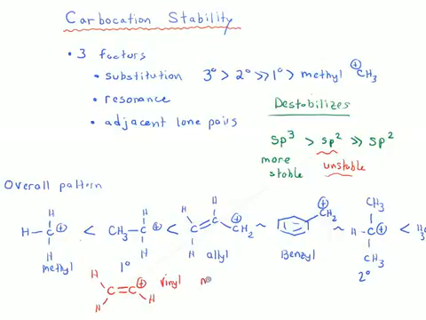There's no resonance. And similarly, there's another type of carbocation. If you have it directly on the ring, it's essentially the same as a vinyl carbocation. This is called a phenyl carbocation.